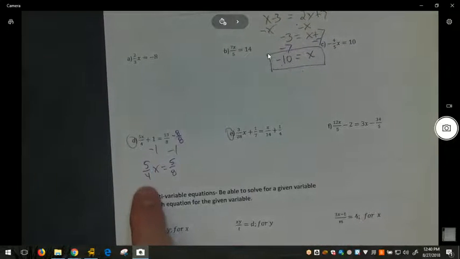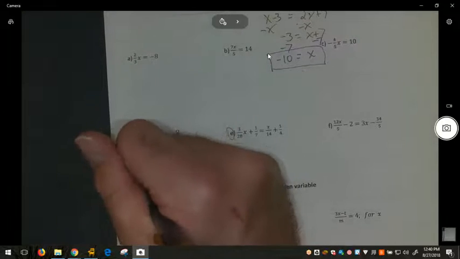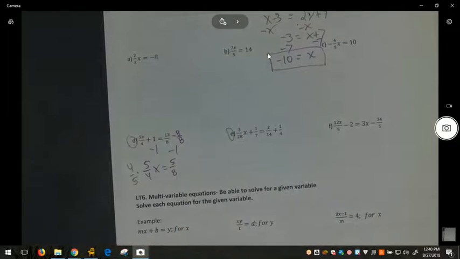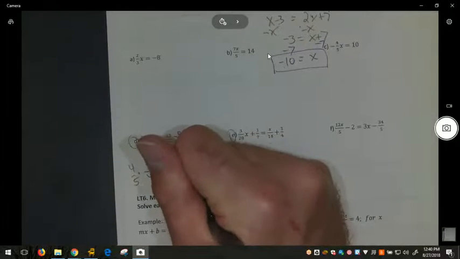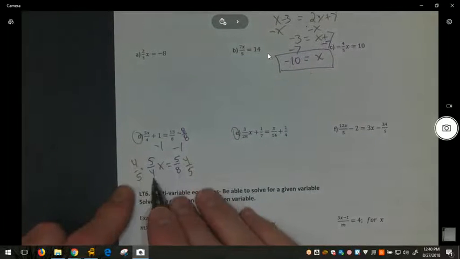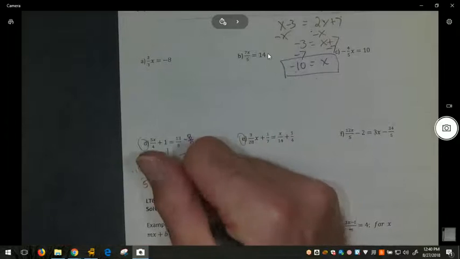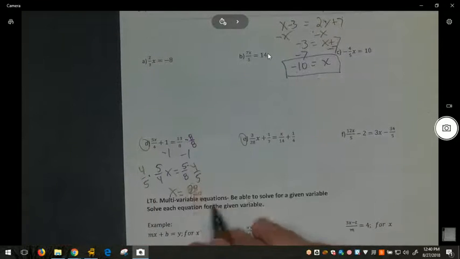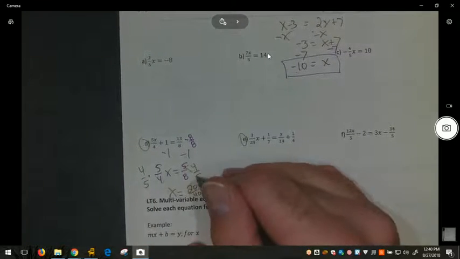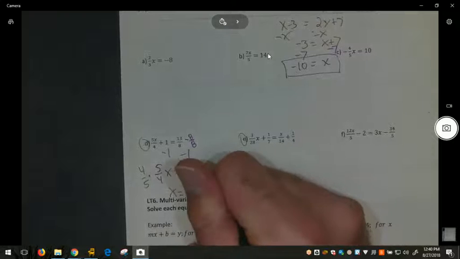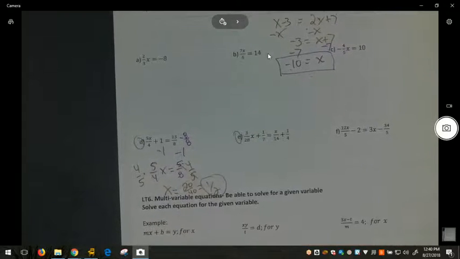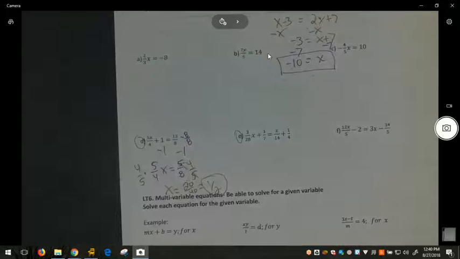Now to undo this multiplication of 5/4 on the x, I'm going to multiply by the reciprocal 4/5 to both sides of the equation, giving me 20 20ths, or 1x on the left-hand side, 20 over 40 on the right-hand side, which if I had just reduced the 5s would be 4/8, or 1/2. So x equals 1/2. We can plug that back in to check our answers.